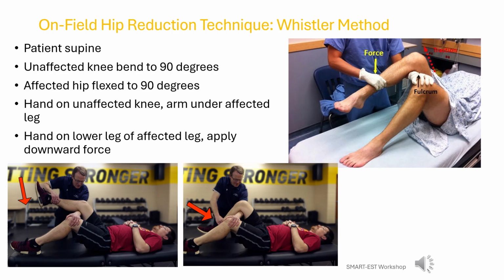The practitioner places their arm on the unaffected knee with their arm under the affected leg. This is illustrated in the diagram on this slide. And then with the other hand on the lower leg of the affected leg, they provide downward traction to help relocate the hip.